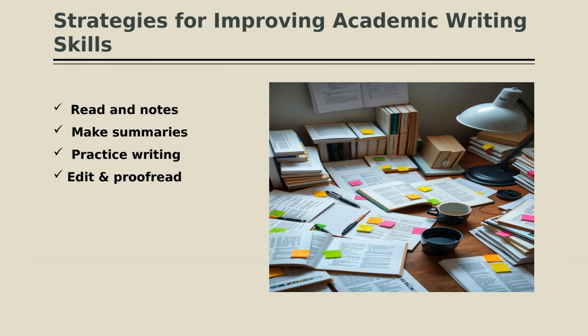It's not only relying on AI. Read and make notes, make summaries, and practice writing. If you do not practice writing, you won't be able to write. Follow a process for writing. Edit, proofread, and this is very, very important. And this is my advice.